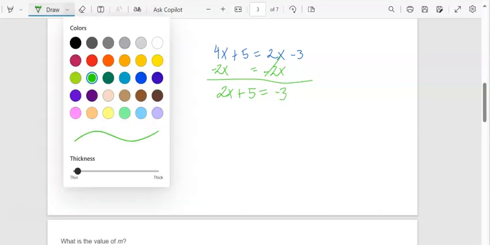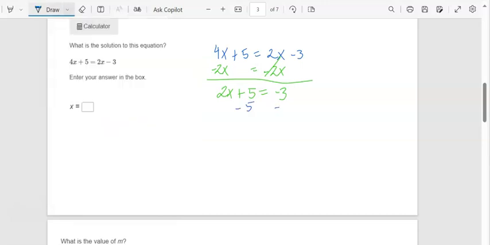Two-step equation now. We're going to subtract the 5 from both sides because it says plus 5. The opposite is to subtract it. That cancels. I have 2x is now equal to negative 3 minus 5. That's the same as negative 3 plus negative 5.